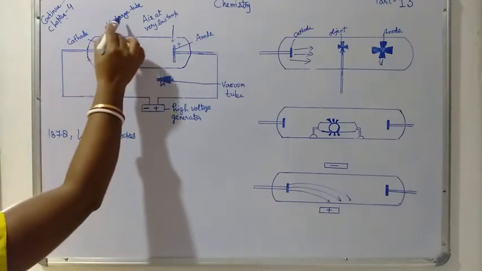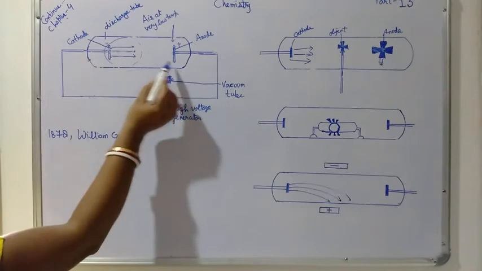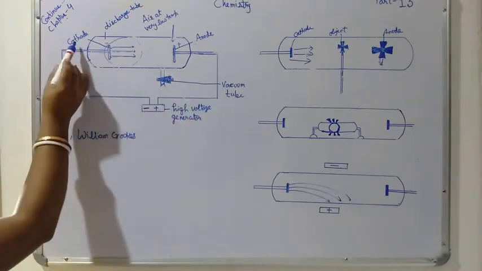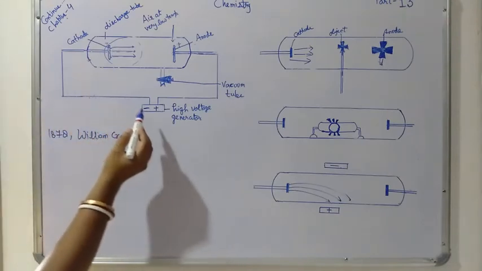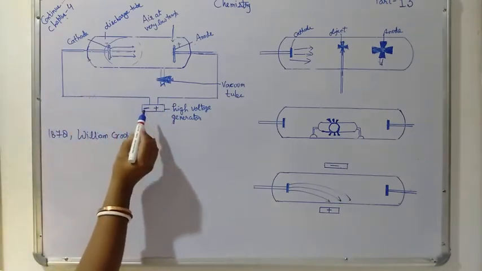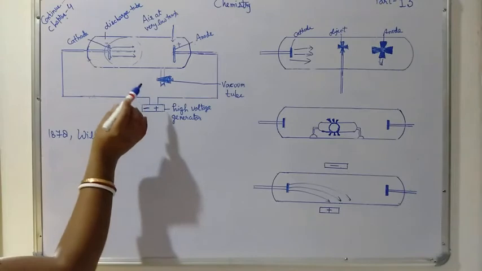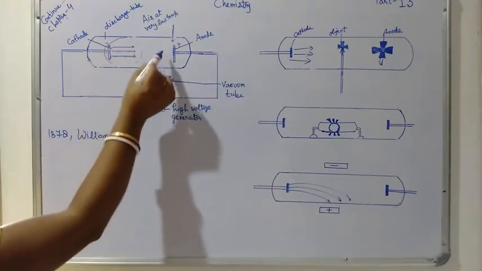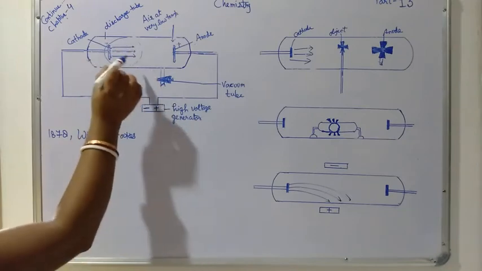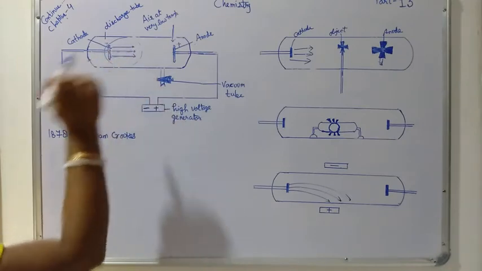This one is the discharge tube. These are the two plates. This negative side is called cathode and this positive side is called anode. This one is the high voltage generator, with the help of which he was passing electric current, and with the help of this vacuum tube he filled the gas at a very low temperature.